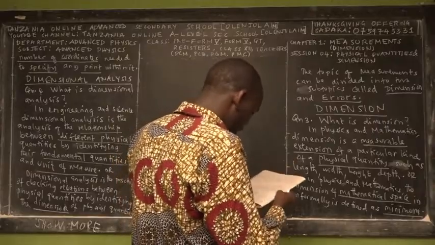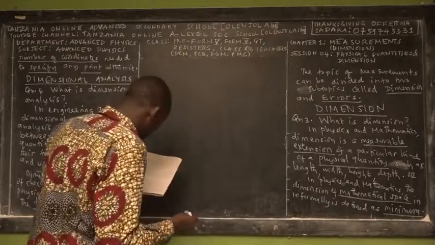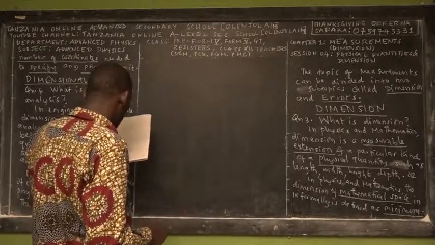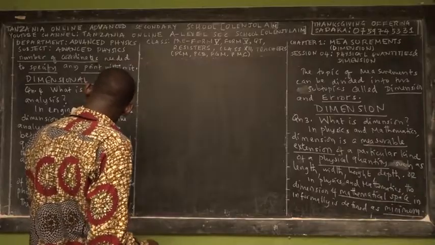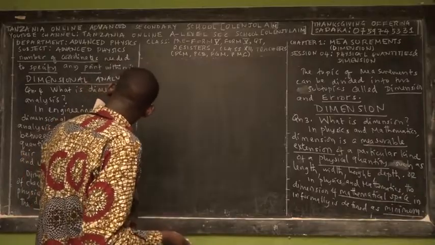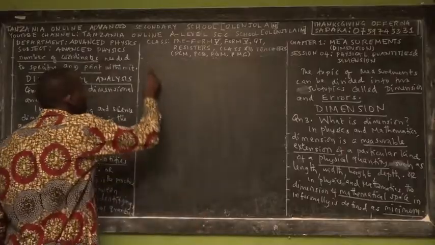So, ladies and gentlemen, for the remainder of this lecture I will teach about symbols of dimensional analysis, and I will give you some distinctions between symbols of dimensional analysis and the symbols of its SI unity.